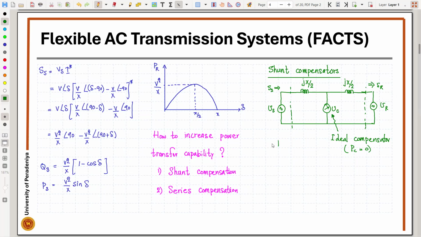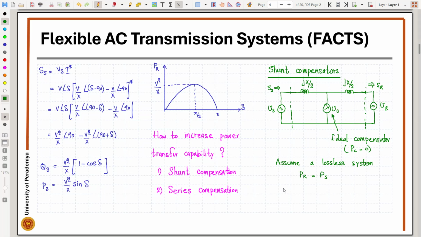So we will assume that P_R is equal to P_S. So we are placing this compensator and we are going to improve the power transfer capability.